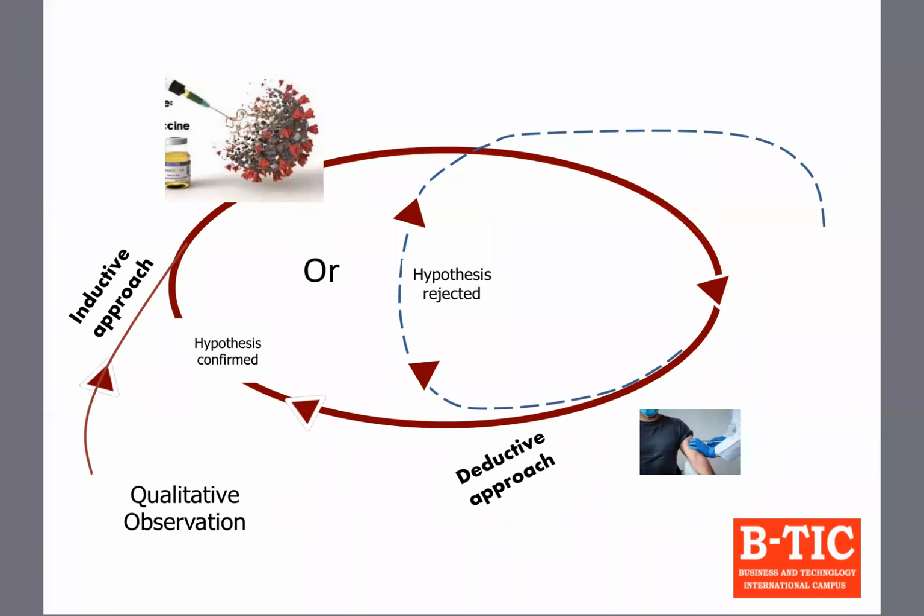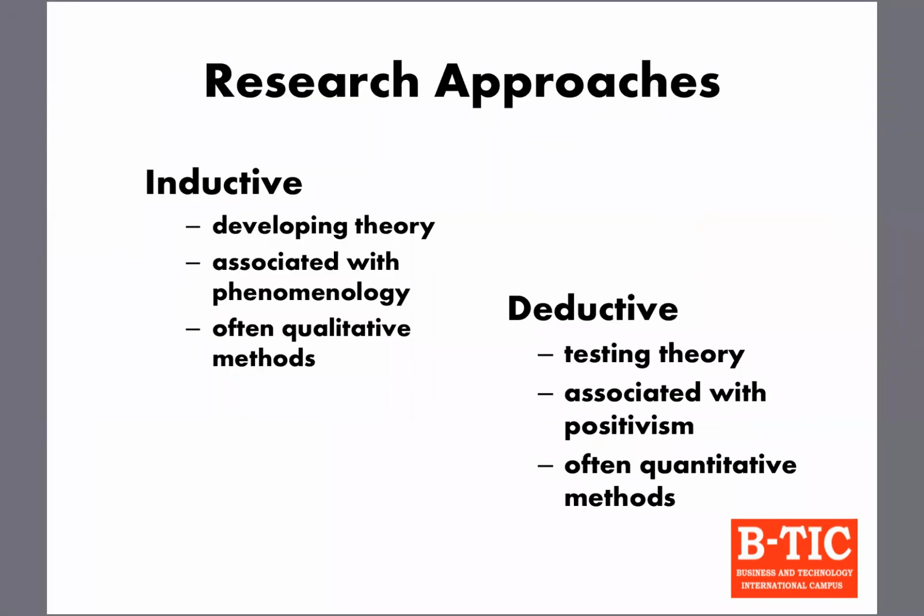So inventing the vaccine for COVID from nothing is the inductive approach. And after the vaccine is developed, testing whether this vaccine would cure you is what we are calling the deductive approach. So I think this is the summary of it.